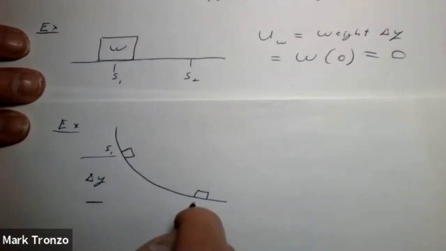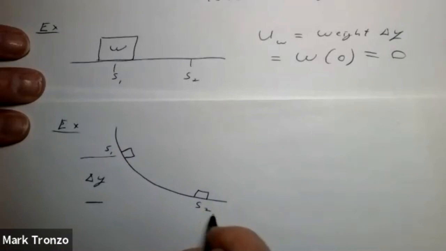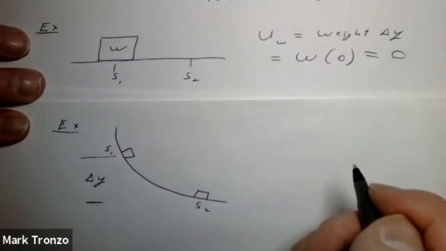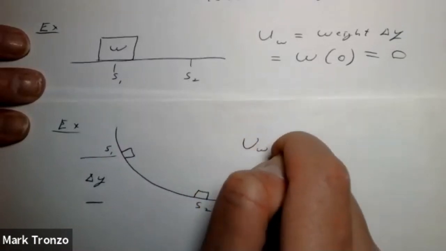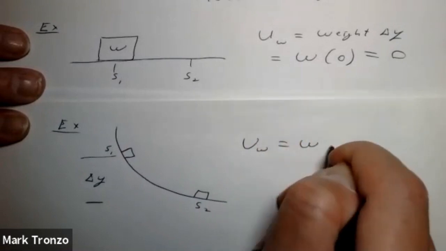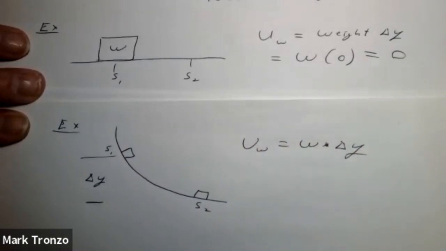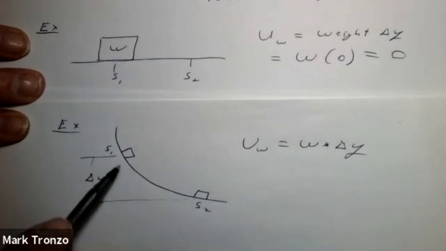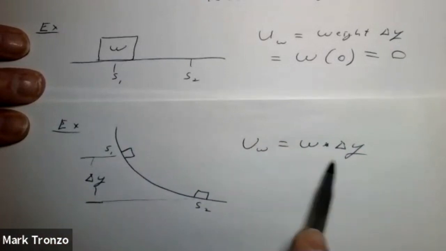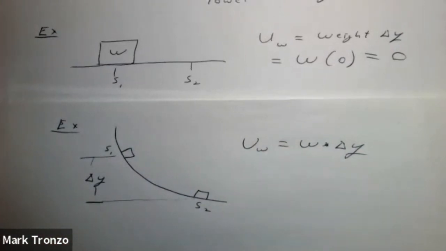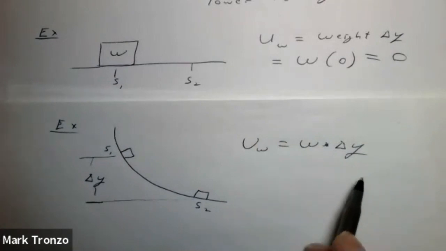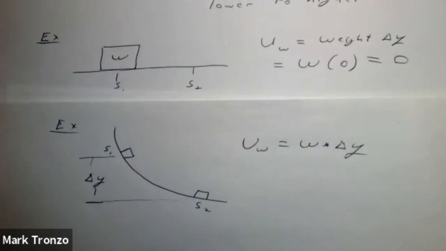So it goes from S1 to S2. Once again, the work of the weight is simply the weight times the change in Y. We don't care what path it took to get from up here to down here. It's just the change in vertical position, which is real helpful.